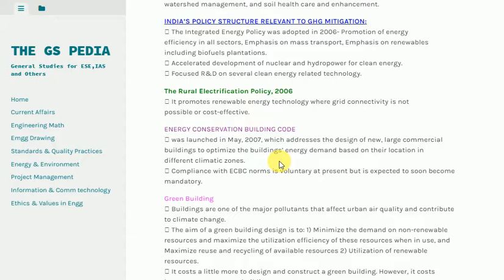The Rural Electrification Policy, 2006, promotes renewable energy technology where grid connectivity is not possible or cost-effective.